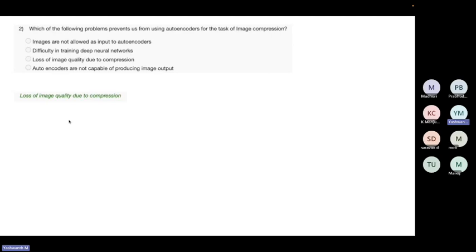What happens in an autoencoder is you take a high-dimensional input and compress it to a very low-dimensional one, and then reconstruct it back. So typically, what happens is that you lose the quality of the image.